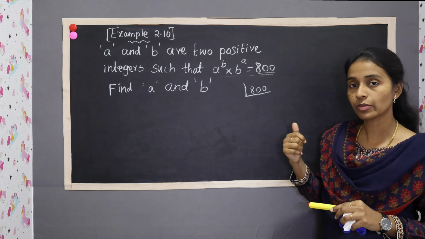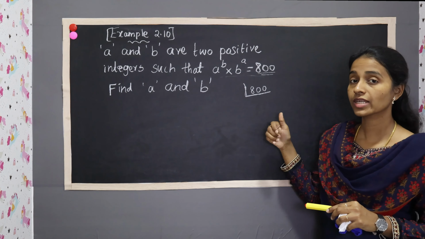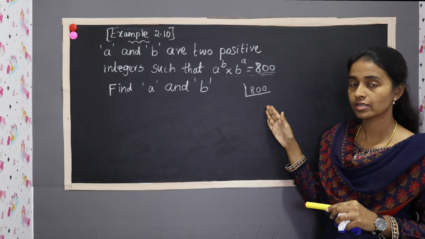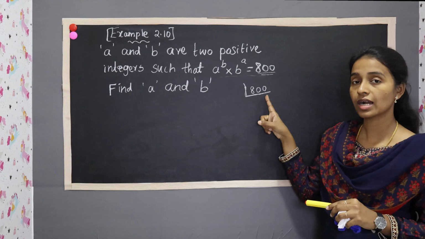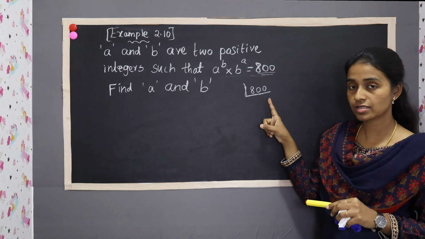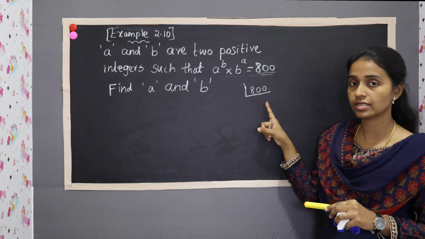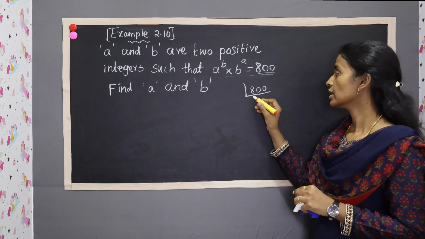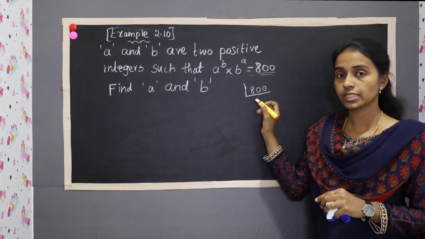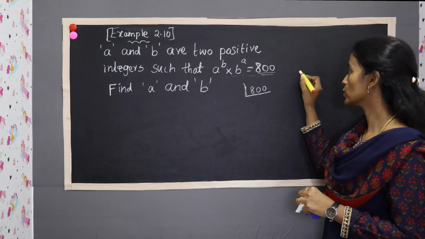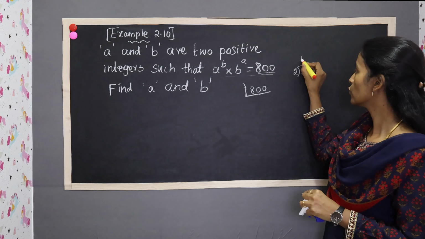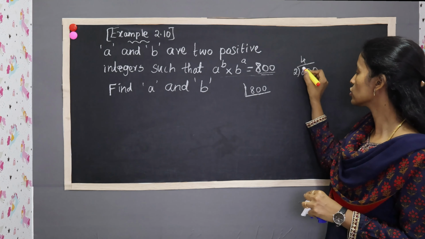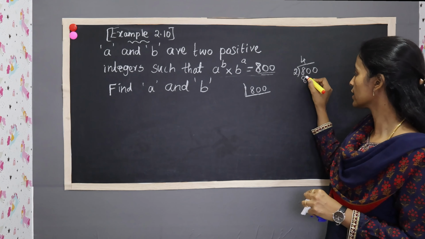If I'm taking number 2, we can divide this 800 by 2 easily, right, without leaving a remainder? If I divide 800 by 2, what would be the answer? 4 into 2, 8, right?